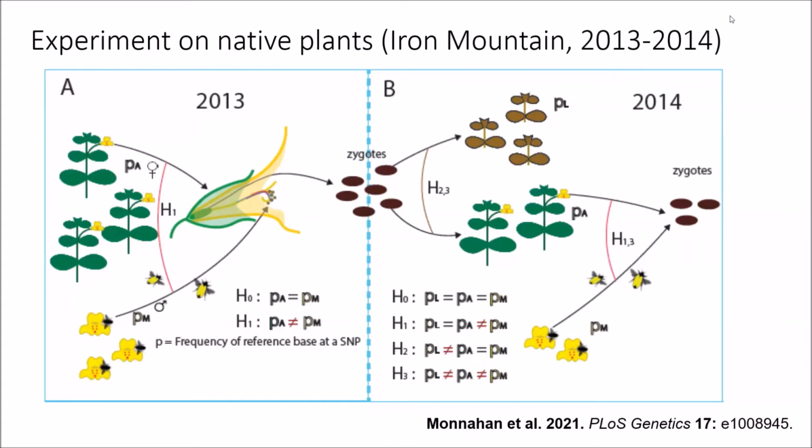Those who make it to flower, P sub A. Those who fail to flower, P sub L. The distinction between the brown and the green here would be an effective viability selection on a particular locus. But then, among this class of individuals, we also conducted the test for male selection by doing a second round of progeny grow-ups and genotype.